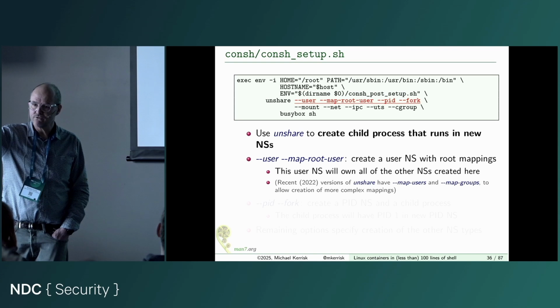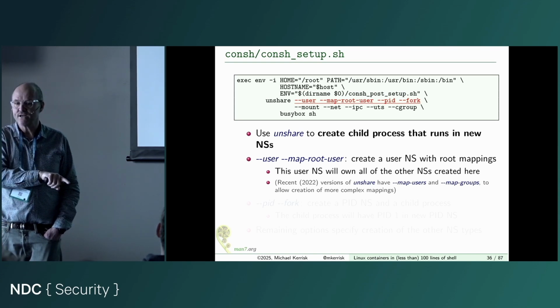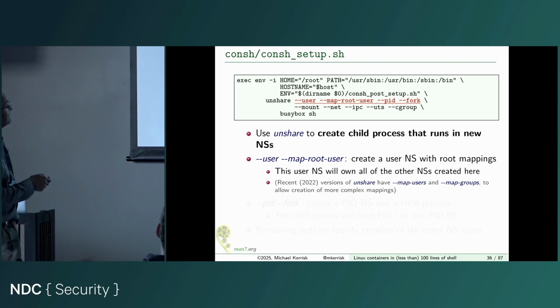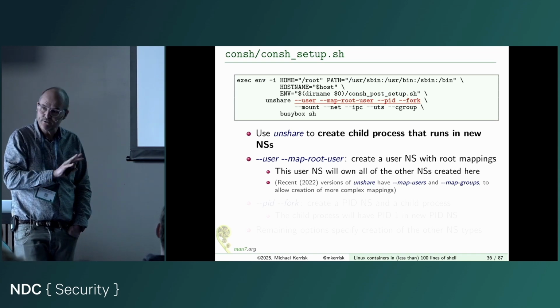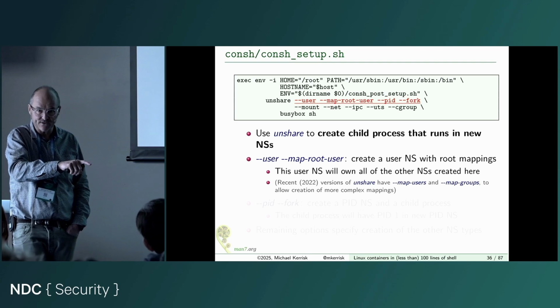So in the outside world, I might have had user ID 1000, but in the inside world, I want UID 0. I want superuser powers. Same thing for the group ID. The group ID also gets mapped to 0. So we end up with a process that has UID 0, GID 0 inside the namespace.